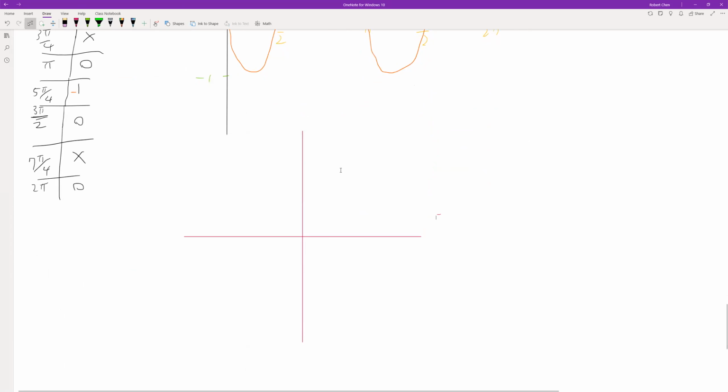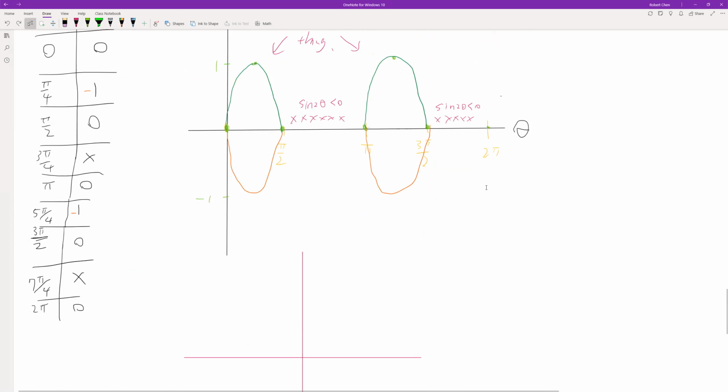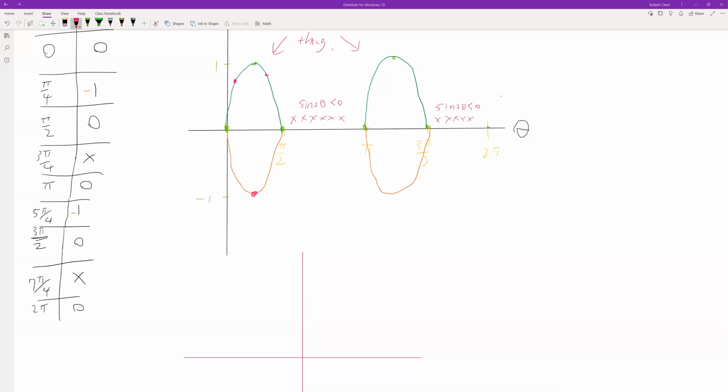Okay, there we go. Now, what we're going to do is pick some points. Let's say pick this point and that point, and also this one right here. All right, so the first thing we're going to look at is the zeros.